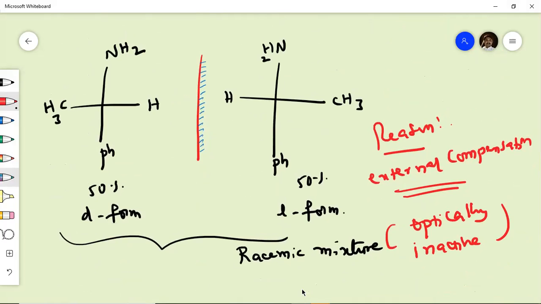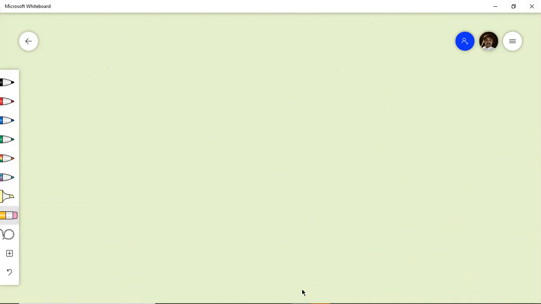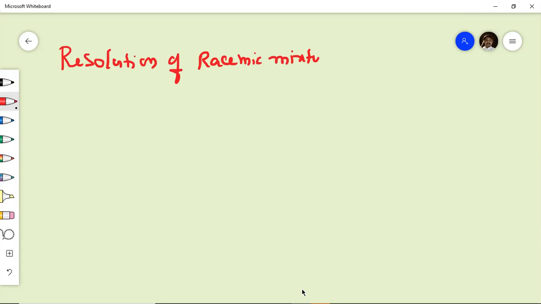Let us now discuss the resolution of a racemic mixture.